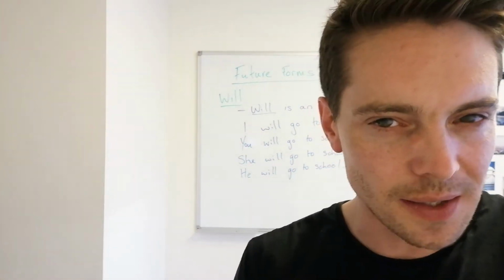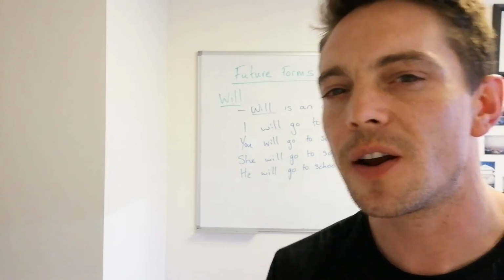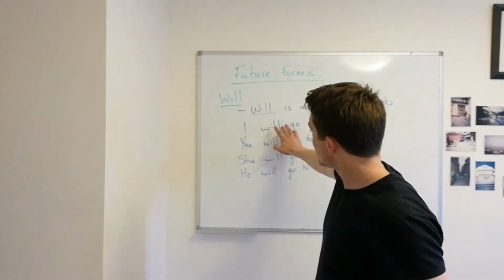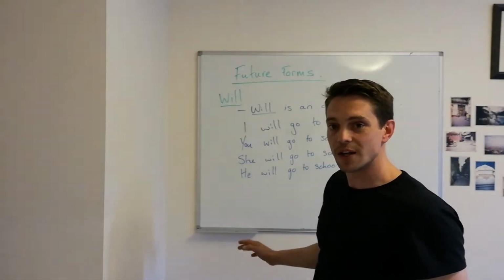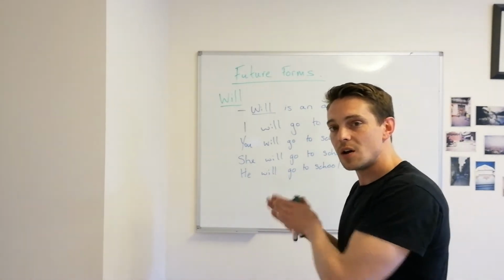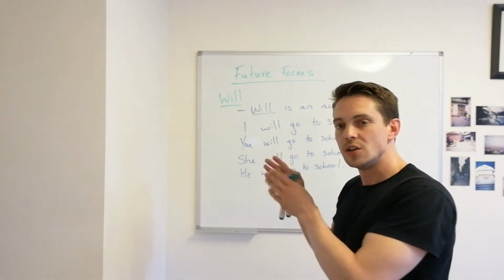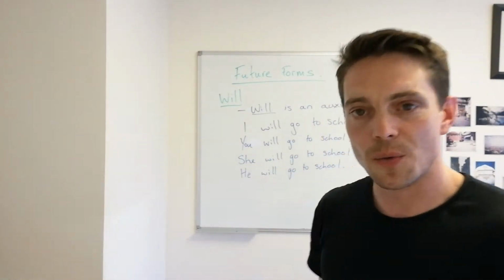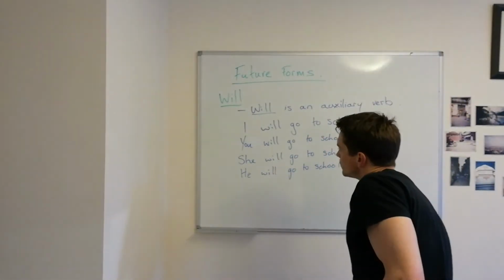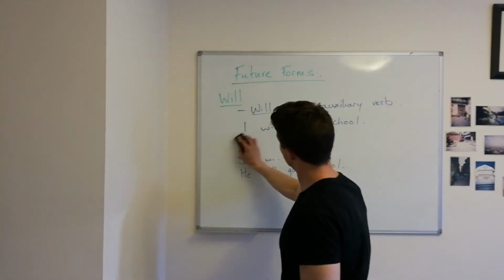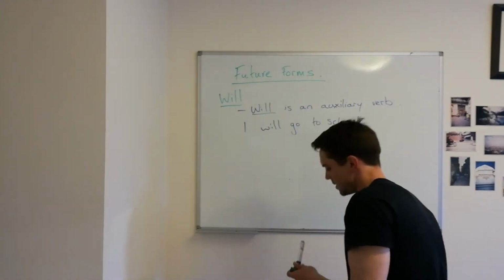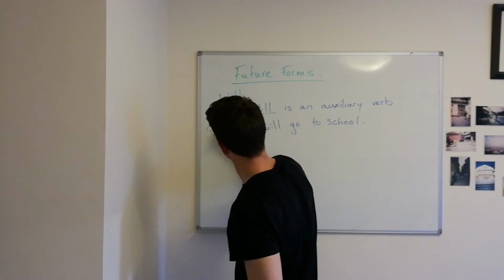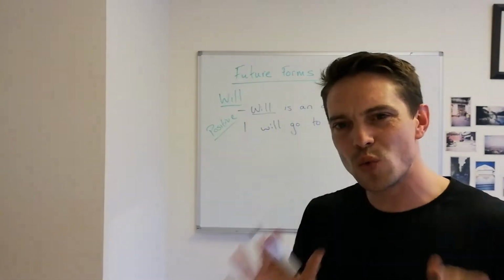We don't say wills, so we don't put an S. It's very important you realize that. We do not put any S after he, she, or it. It's he will go, she will go, you will go, I will go. All the same form all the way down. So, there's a positive sentence. I will go to school.